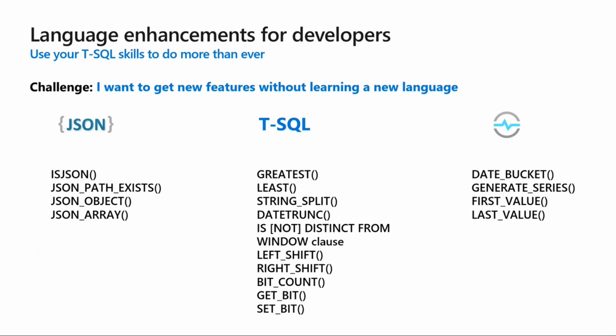For example, if you have a list of values or characters or whatever you have, you can get the greatest or the least one, right? Today you have to use case, if, etc. Now you have a list of values, or even if you have multiple columns, you can get the greatest or the least, right? Enhancements in string split, and a few other enhancements.